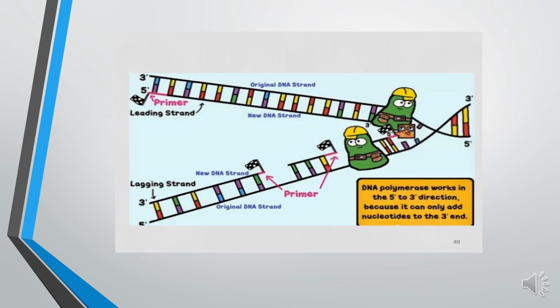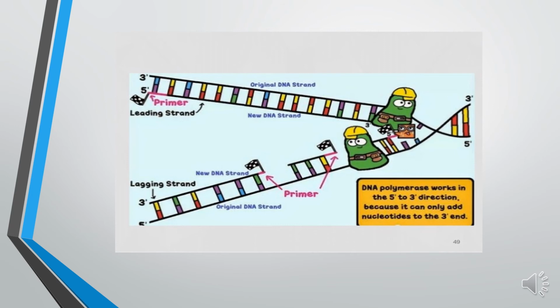As we look down, we can see some differences. We can see some gaps, and this strand is called the lagging strand. Those gaps are called the Okazaki fragments.